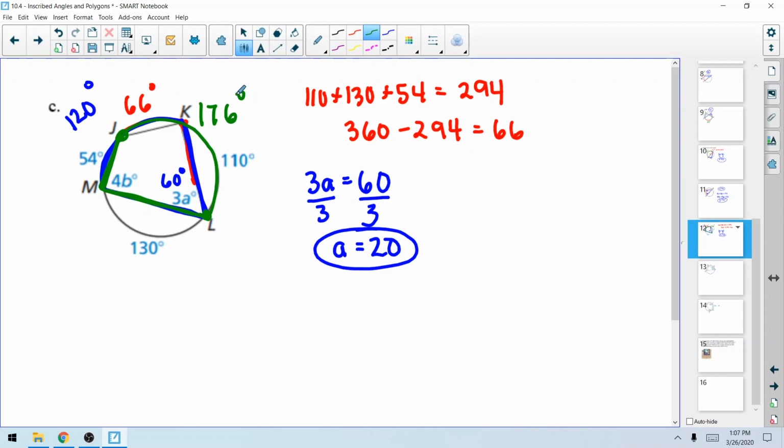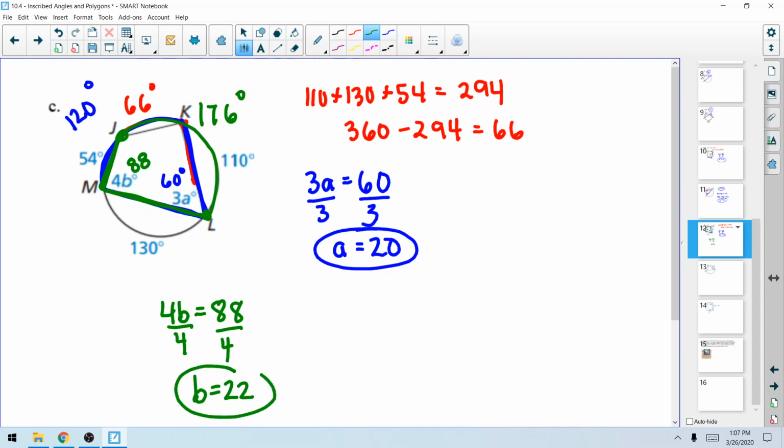So divide that by 2, which means 4b has to be 88. Well, if 4b is 88, then b equals 88 divided by 4, which means b must be 22. Now, I can think of at least 3 more ways to solve that problem, so if you got the same answer but you were thinking something different, fantastic.